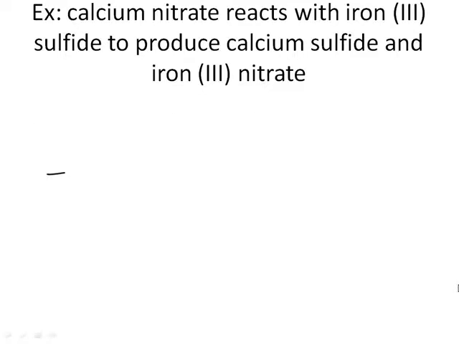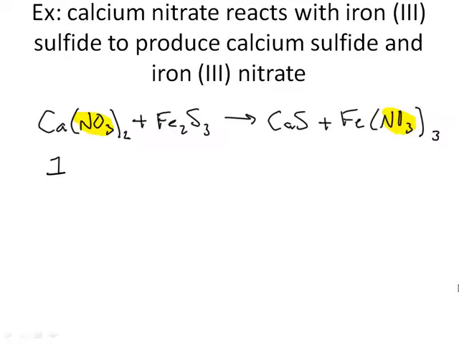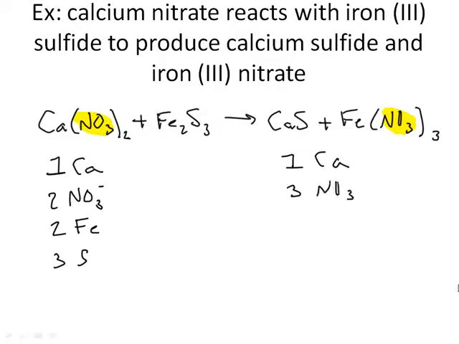So 1 calcium, 2 nitrates on the reactant side, 2 irons, and 3 sulfurs. On the product side, 1 calcium, 3 nitrates, 1 iron, and 1 sulfur.